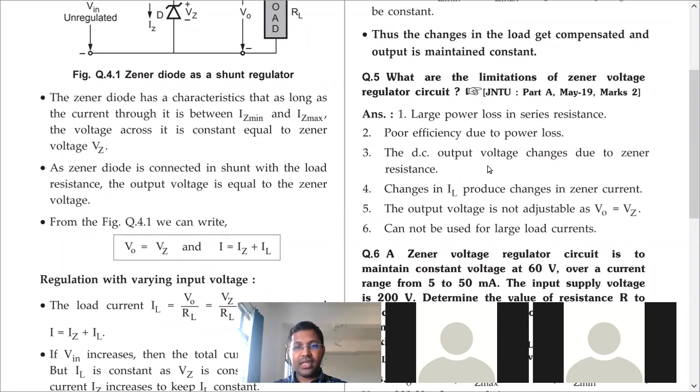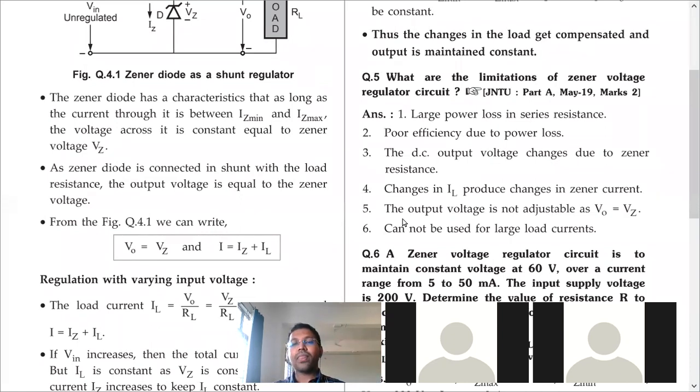Because IZ is changing, IZ times Zener resistance is also changing, so that results in slight changes in the output voltage.